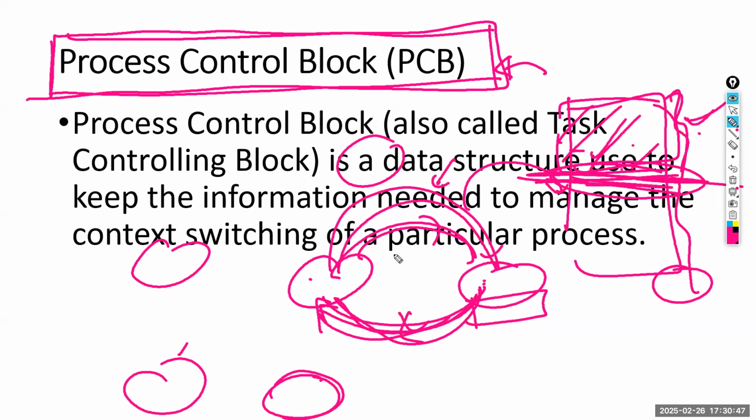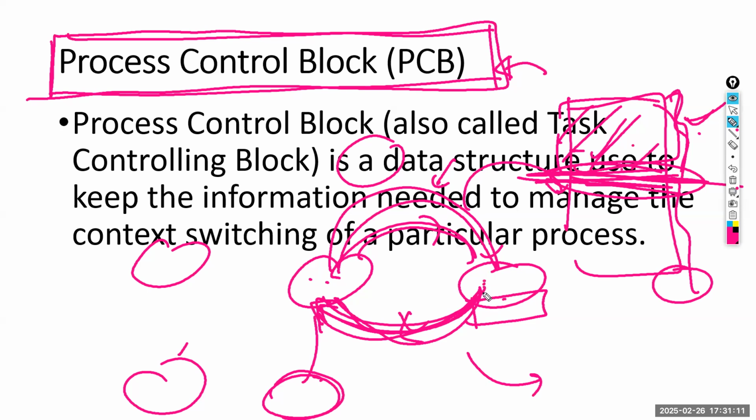Usually the PCB is updated when a program goes from running to ready or to any other state. It is not getting updated all the time. When there's a state transition, the PCB for that process will be updated.